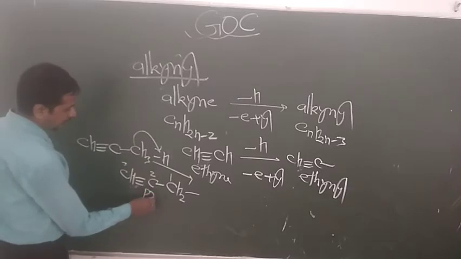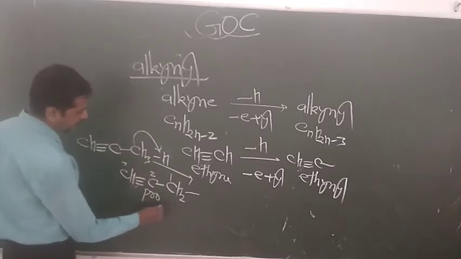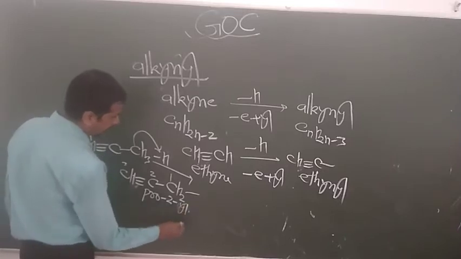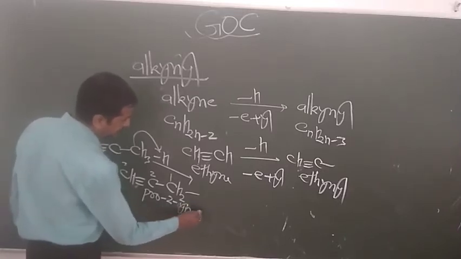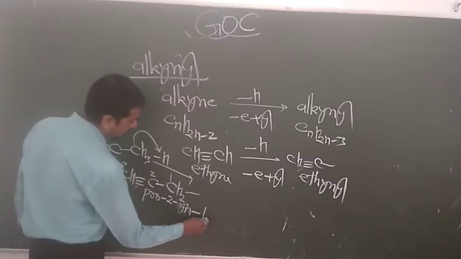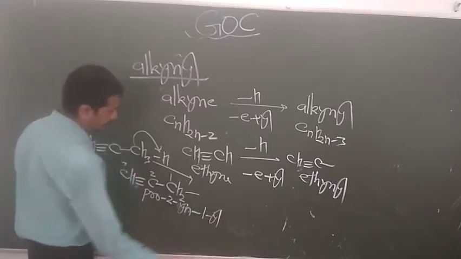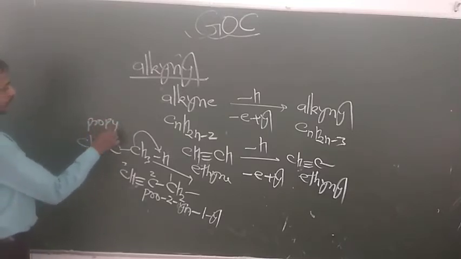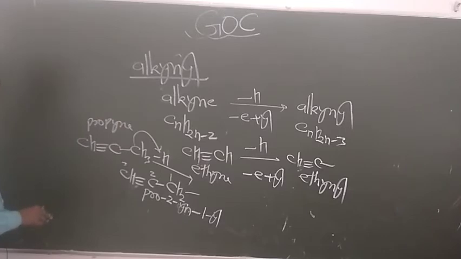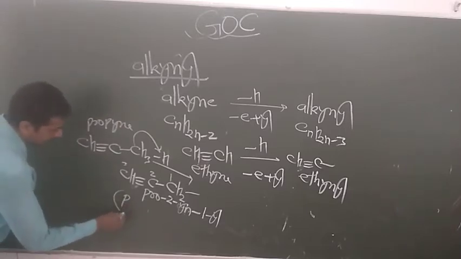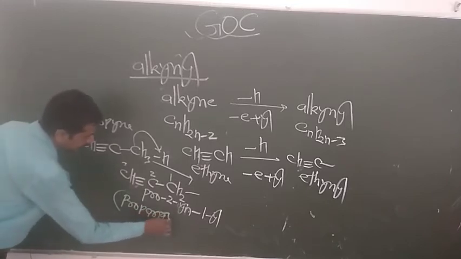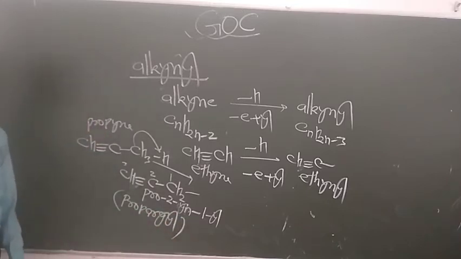Now this is known as prop-2-yn-1-yl. This is known as prop-2-yn-1-yl, and this is propyne. Now the common name of this group is propargyl. This also you have to know.